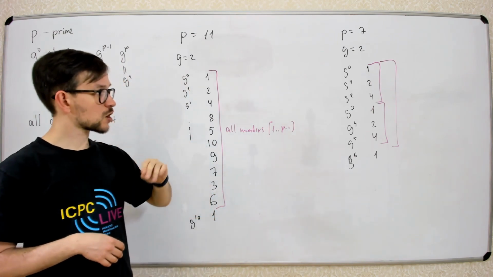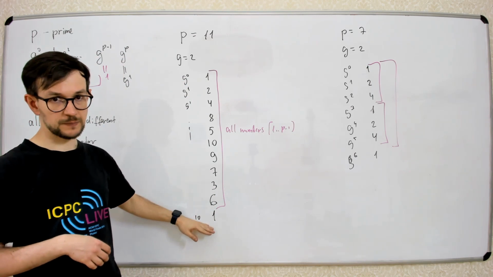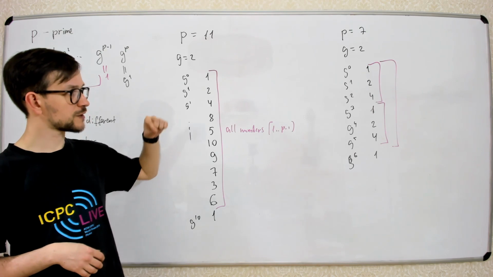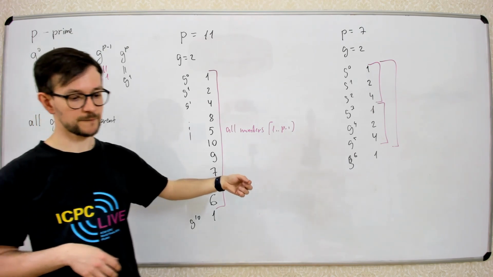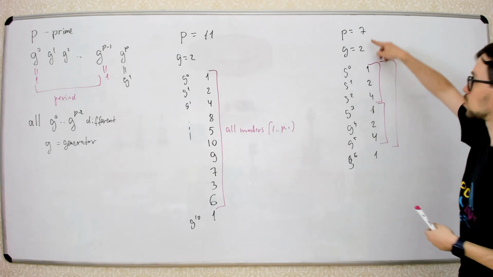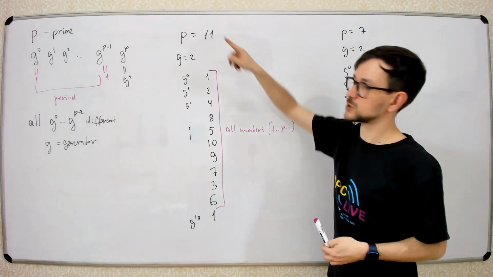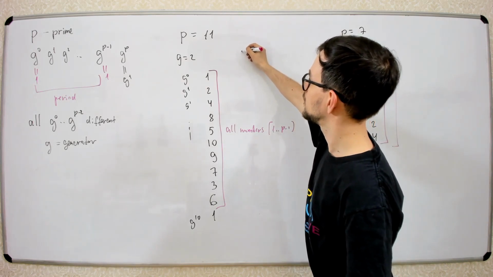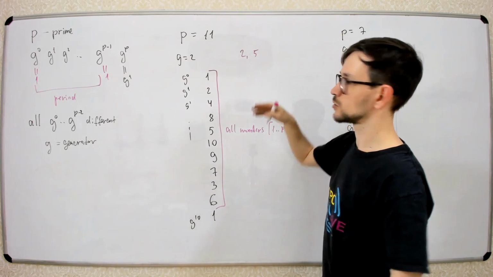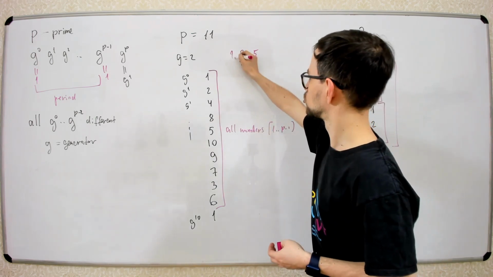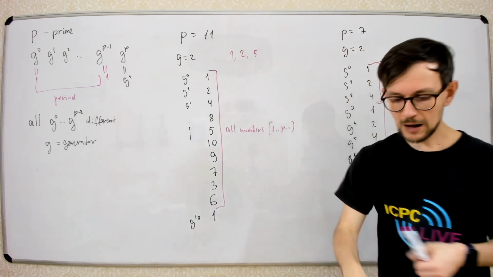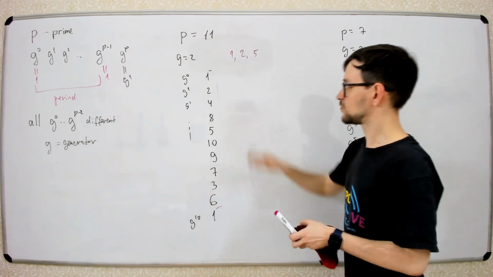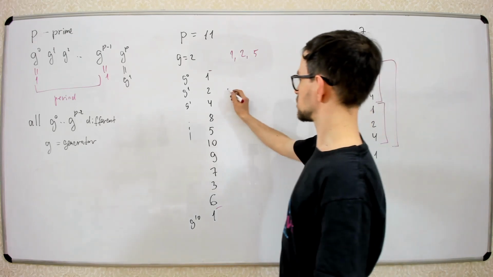So I can check not all powers of g, but only the powers which are divisors of p minus 1. If I have p minus 1 equal to 10, then the possible periods will be 2 or 5. So if the period is not 10, it must be 1, 2, or 5. How to check if the period is 1?